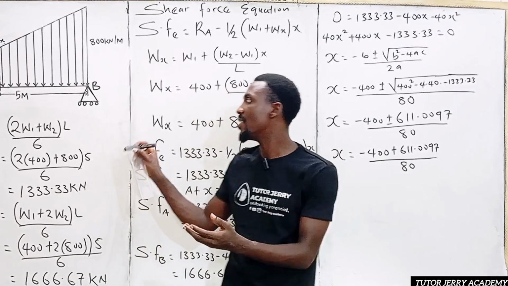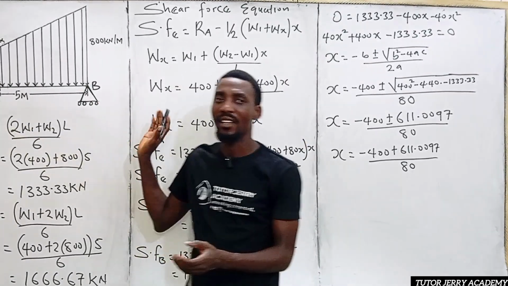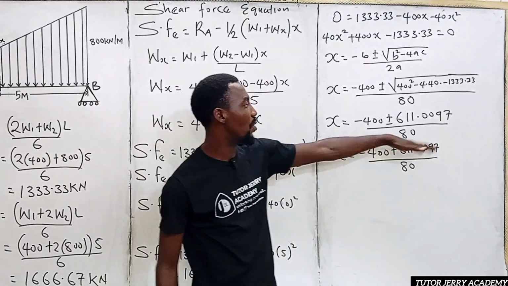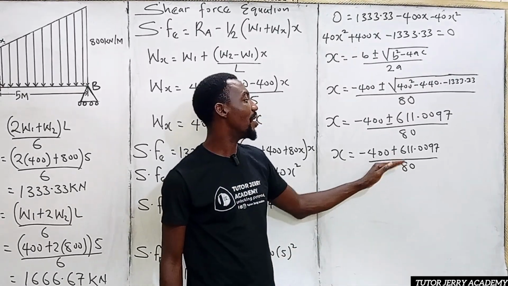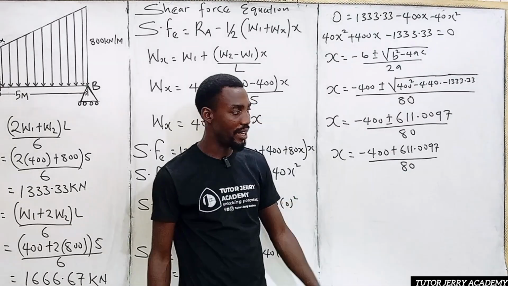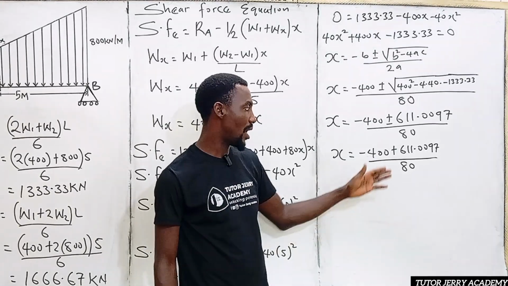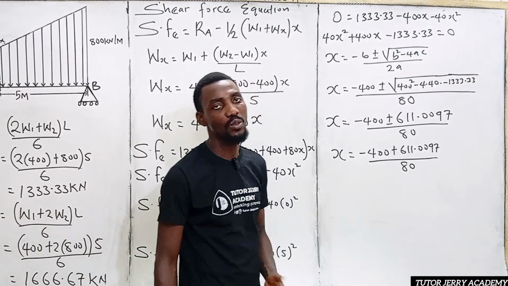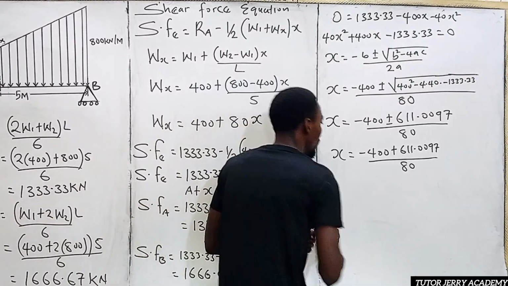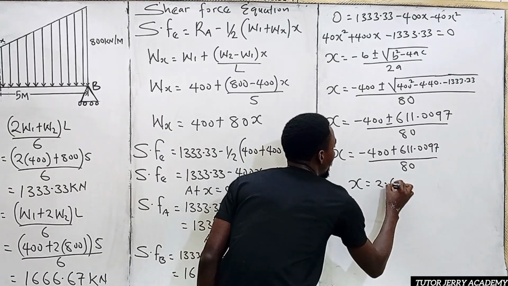We don't have any negative length here, so we are not going to consider the negative value. We only need a positive value. So minus 400 plus 611.0097, divided by 80, gives us 2.64. So our S is equal to 2.64.